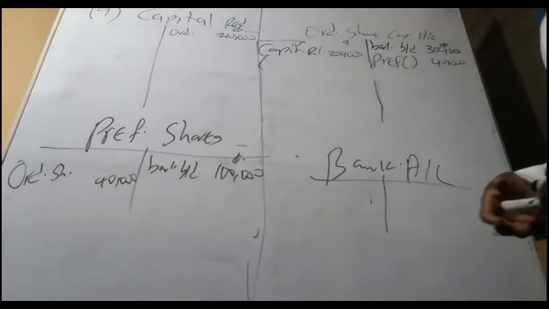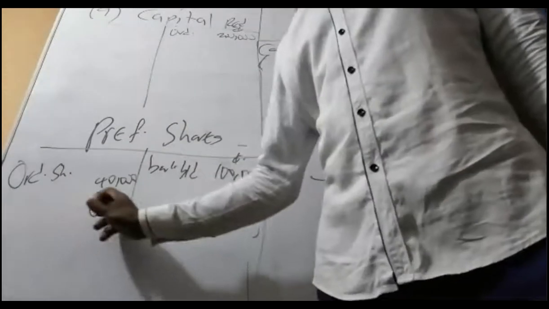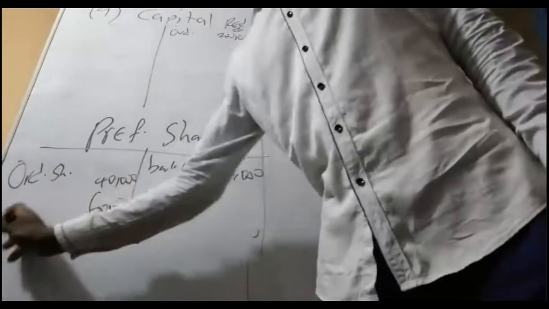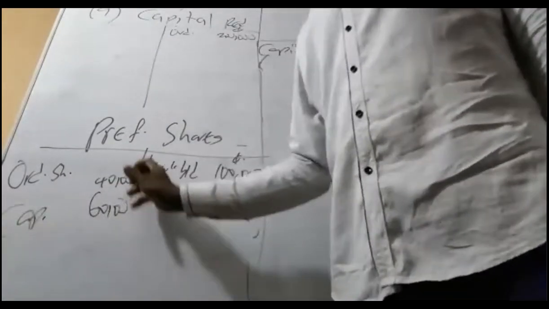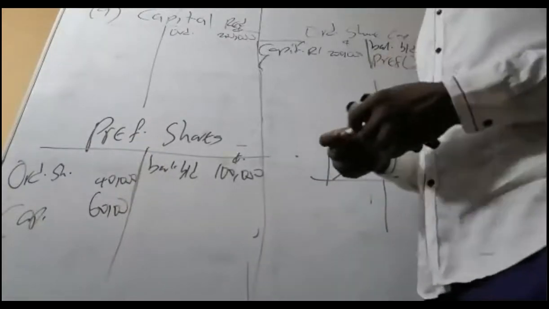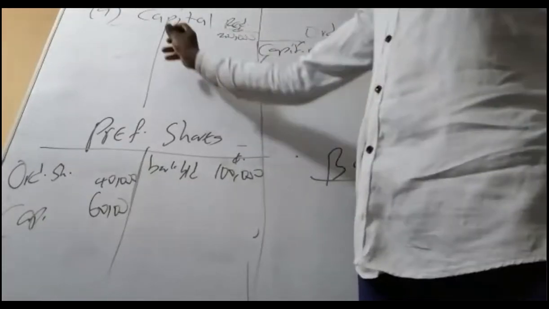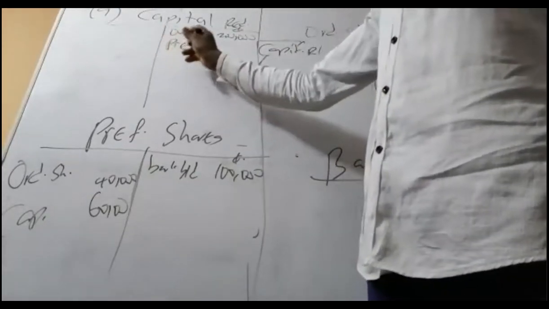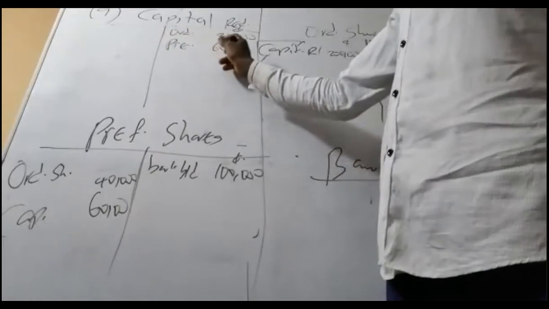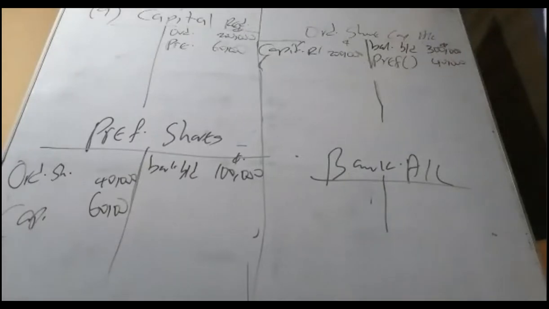That means we've made a gain of 60. So that 60 we record in the capital reduction account, on the gain side. Gains coming from preference shares, 60,000. Then you add, done, 60,000.